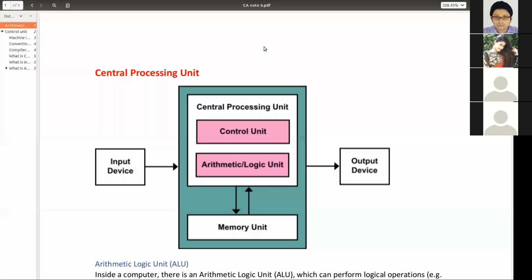Suppose I say that if 100 is greater than 90, then you do such and such work, and if 100 is less than 90, you do some other work. That becomes a logic, and we perform this kind of logical thing in different computer programming. That is basically the logical part, and it is handled by the logic unit. So there are two parts: arithmetic unit and logic unit.